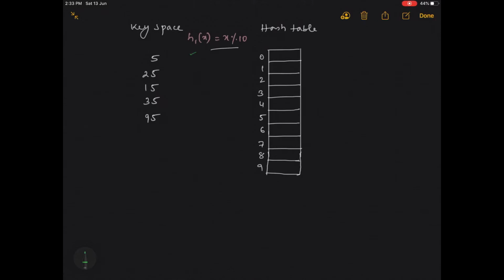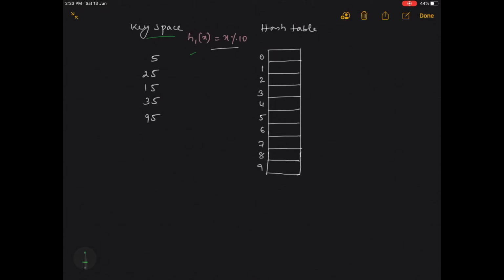So x is 5 here, the first key we are taking. These are the keys which are kept in the key space. We have taken 5 keys for 10 spaces, so our lambda will become 0.5, which is good.